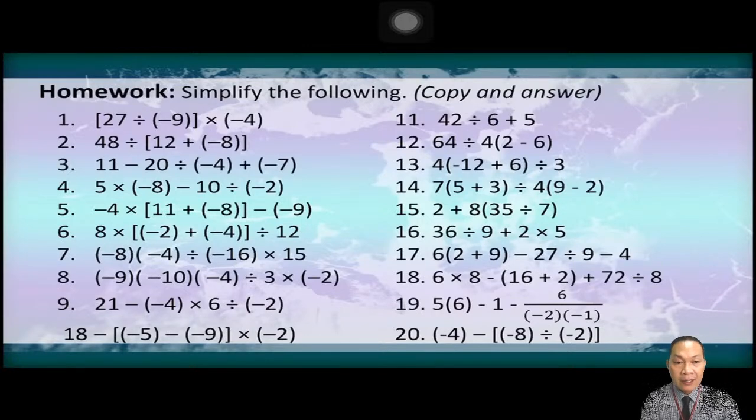So you have number 14, 7 times 8 divided by 4 times 7 equals 56 divided by 7 times 4 is 28.